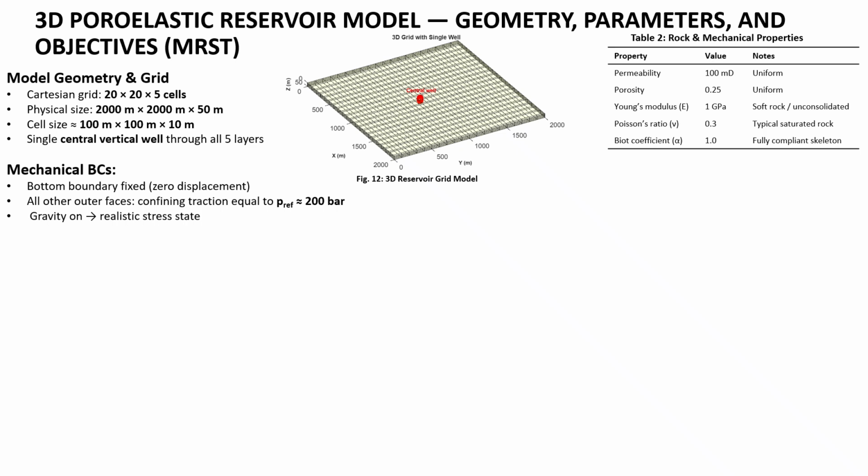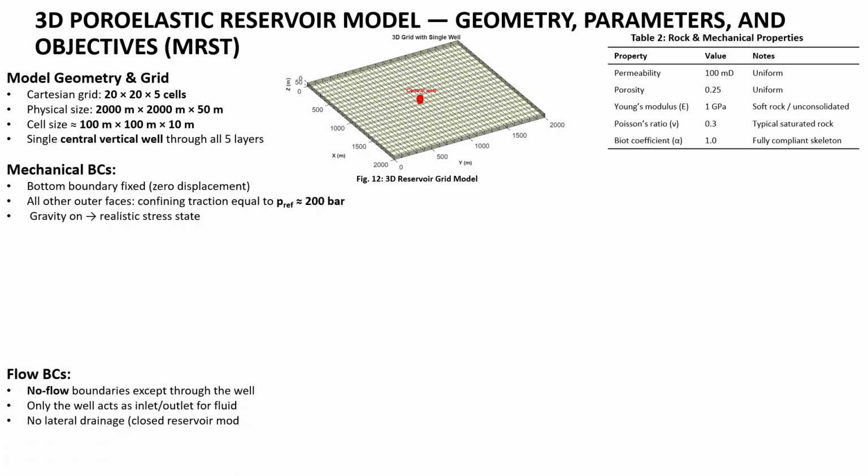Moving on to the mechanical boundary conditions. You can see the bottom is fixed, meaning we have zero displacement. All other boundaries apply a confining traction equal to the far-field reservoir pressure, approximately 200 bar. We also turn on gravity so that the reservoir experiences real in situ stresses.